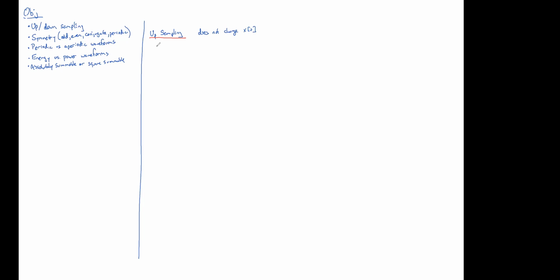It does change the sampling frequency. So you've got this x of n, and it's going into an operator. That's an upsample operator. Let's say we upsample by L. There's no particular significance to the letter L other than that it's an integer. And I think it's easiest to give an example of what this does.